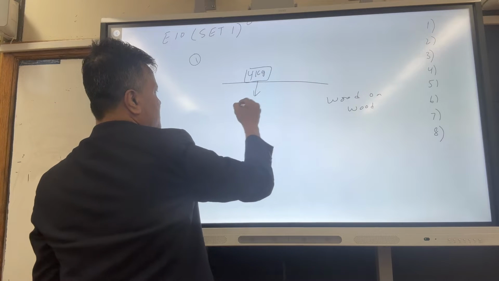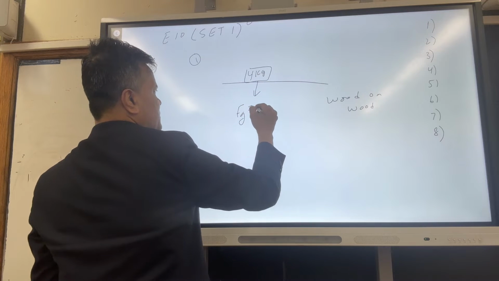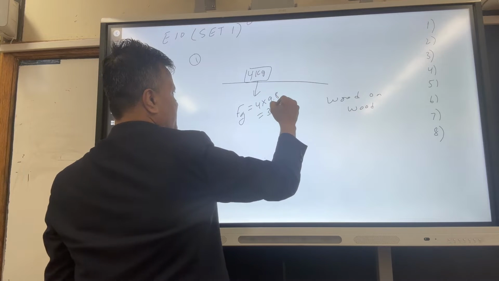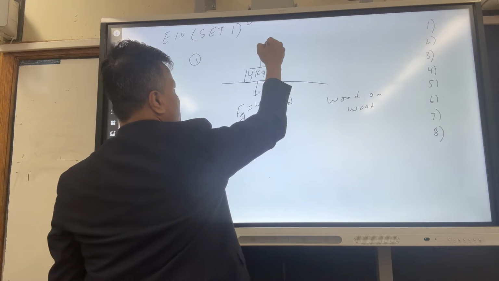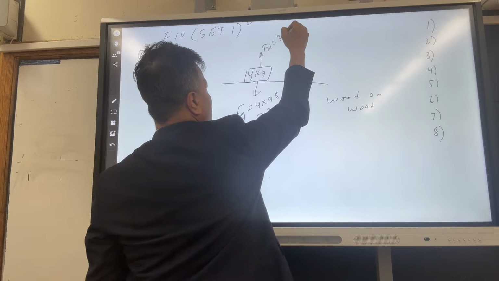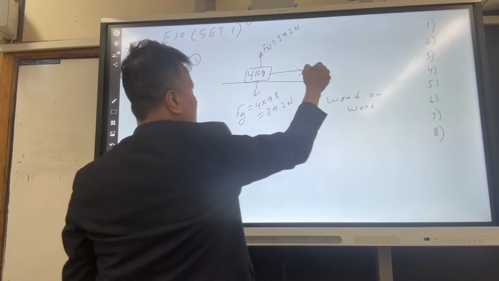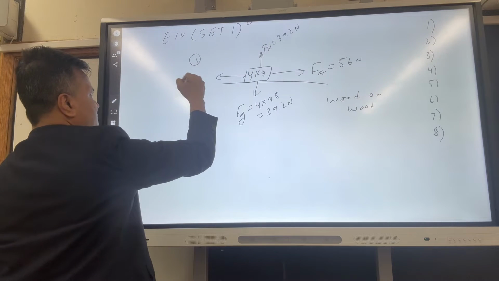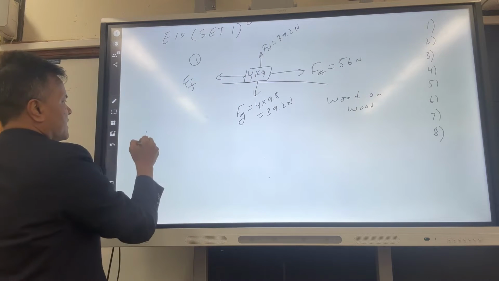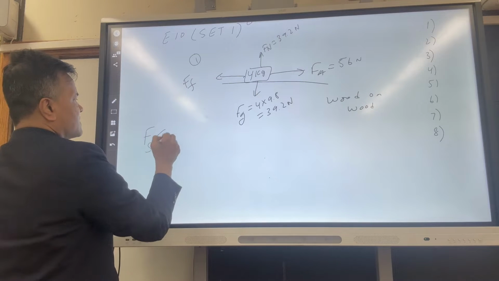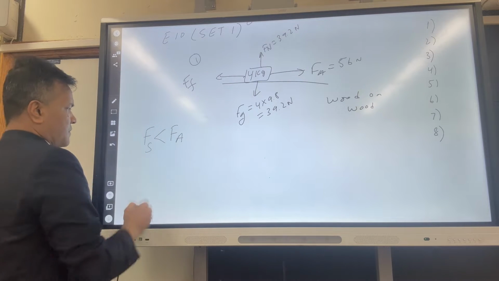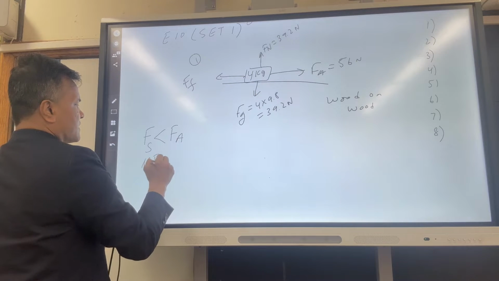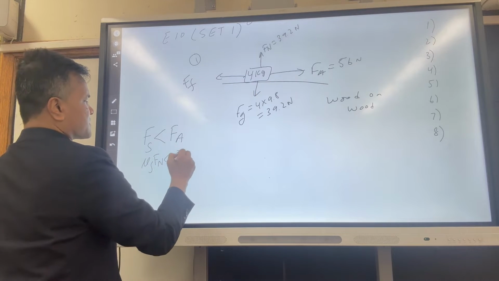First find the weight. Weight is of course 4 times 9.8, which is 39.2. So normal force has to be 39.2 as well. Force applied is 56 Newton. By the way, FS is less than FA, because mu s Fn is less than 56.